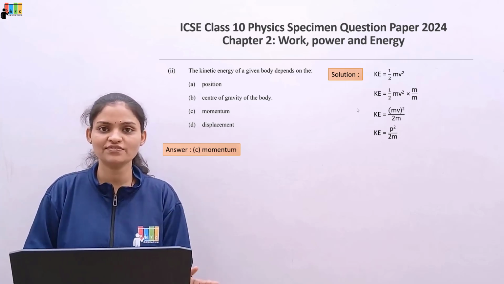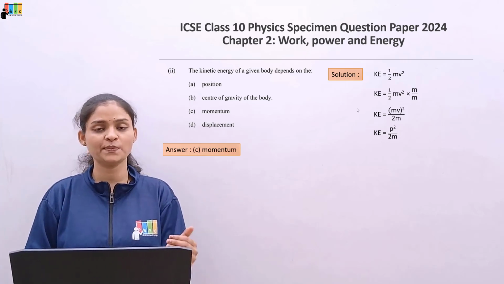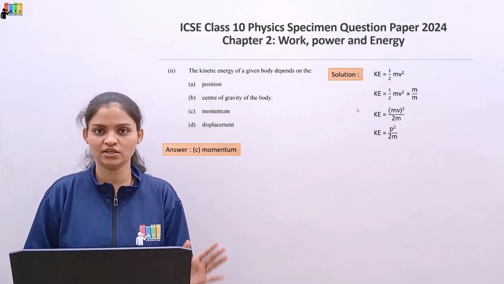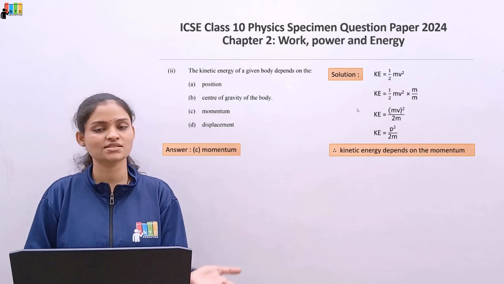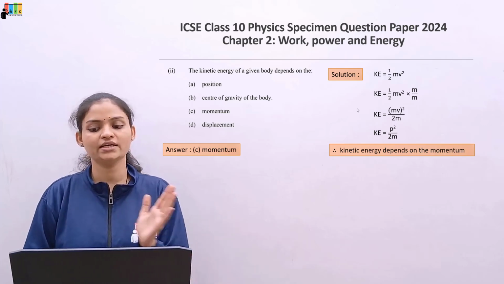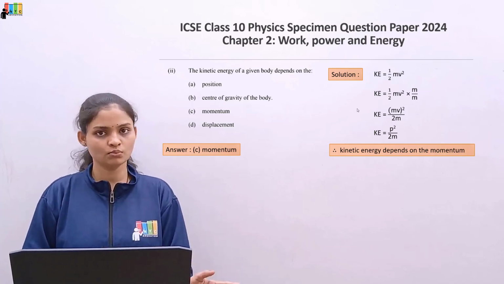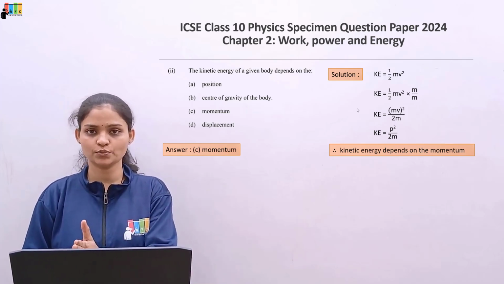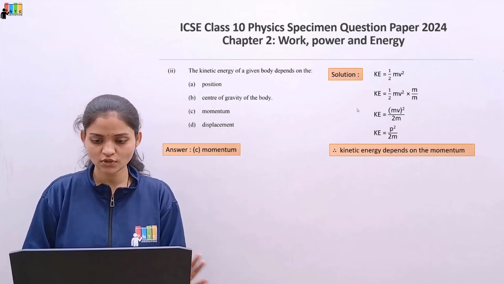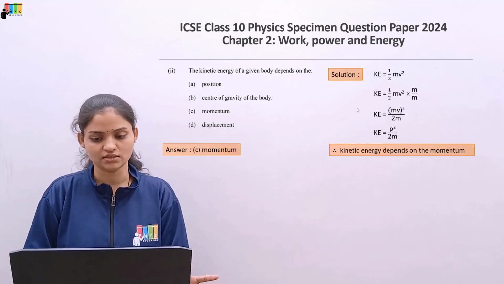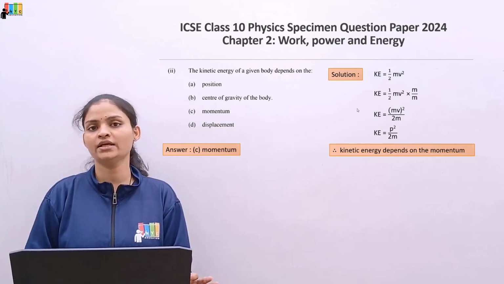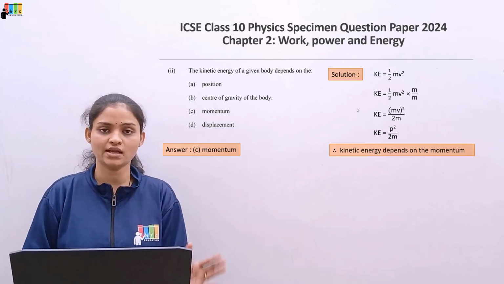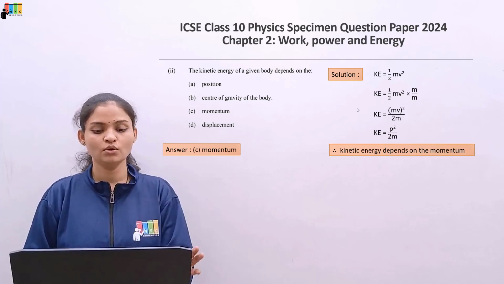So the formula for kinetic energy is p square upon 2m, where p is the momentum of the body. So what is the answer? Kinetic energy depends on the momentum. You can see that kinetic energy is proportional to the momentum square, right? So kinetic energy is equal to p square upon 2m. So the correct answer is option C, momentum.